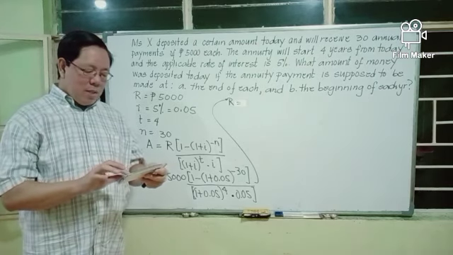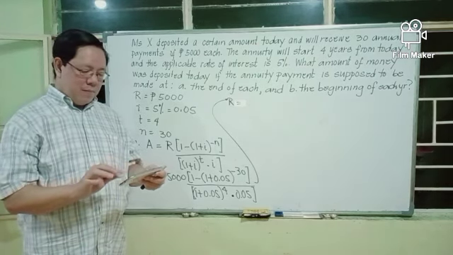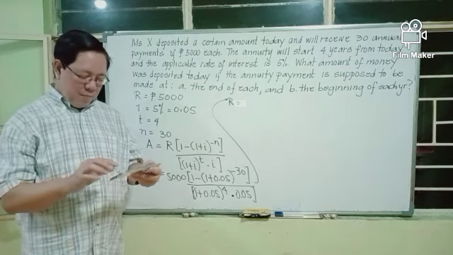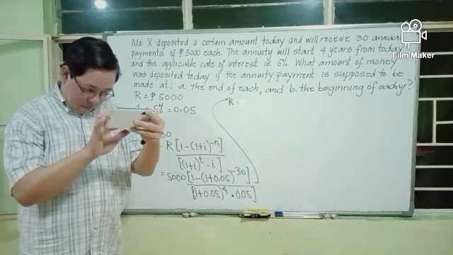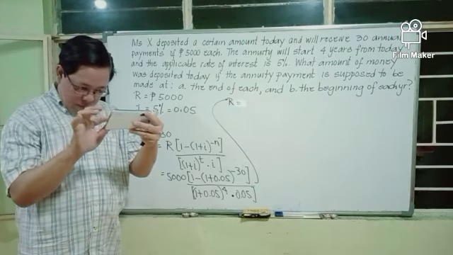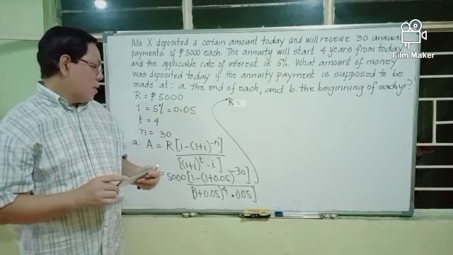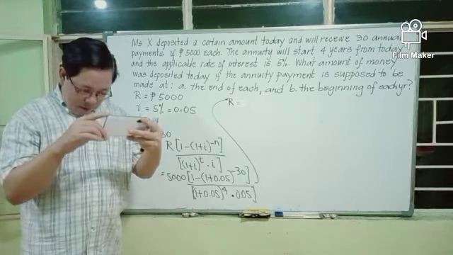We write 1 minus 1.05 to the power negative 30.